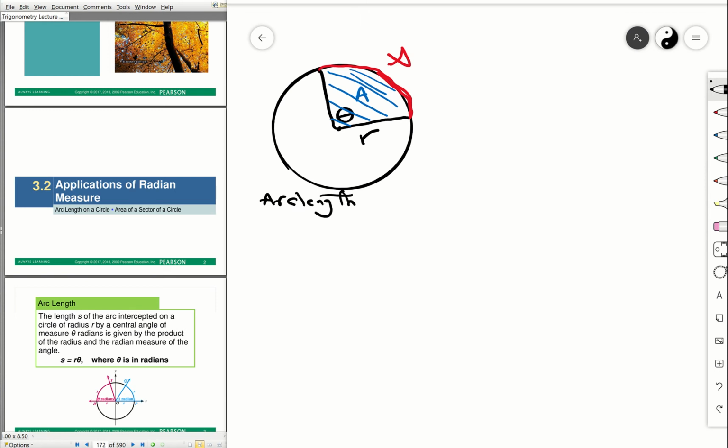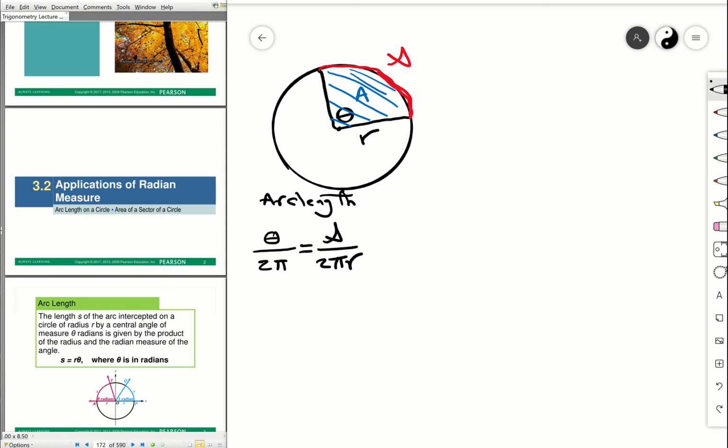Notice that the ratio of that central angle theta to the angle which would correspond to an entire circle, which as you know is 2 pi radians, is the same as the ratio of the length of that arc to the length of the entire circle, which as you know is called the circumference, and its measure is 2 pi r.